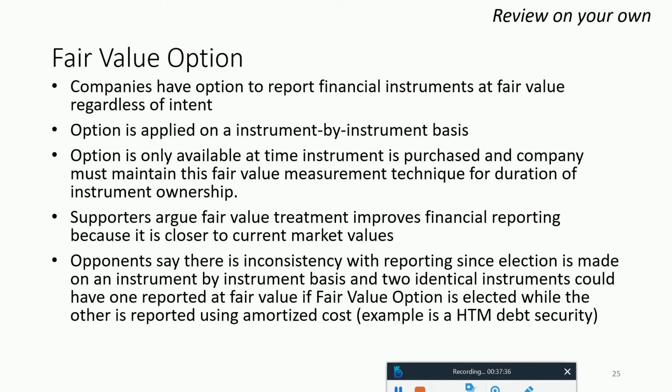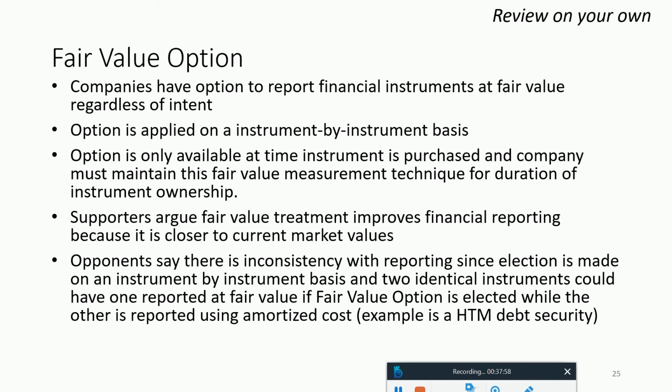So companies have an option to report financial instruments at fair value regardless of their intent. So if you recall back to the beginning of the slides, I had mentioned that available for sale securities and trading securities are going to be recorded initially at fair value.